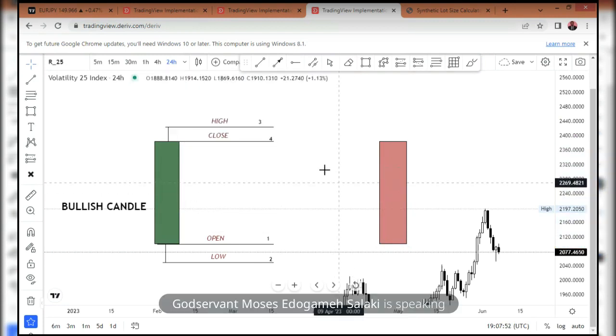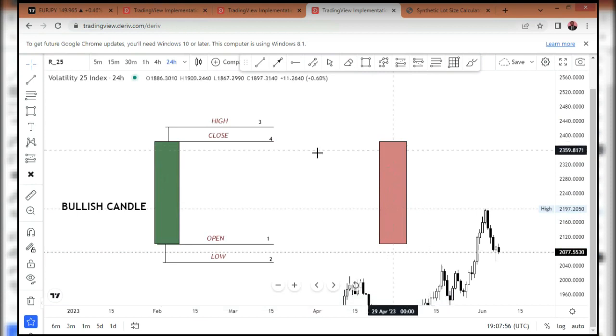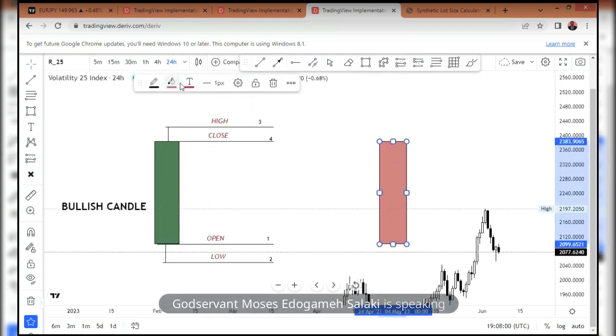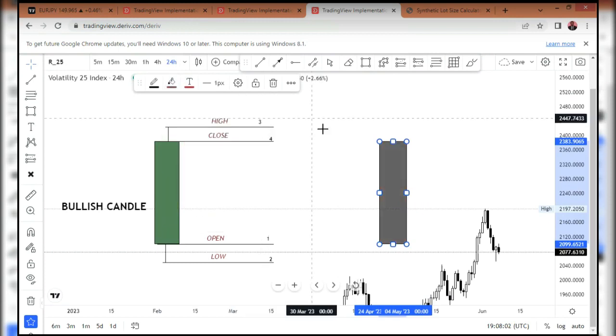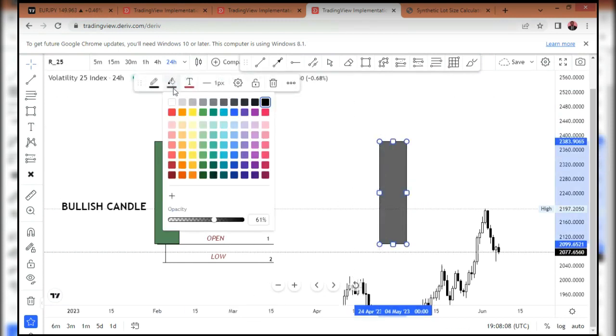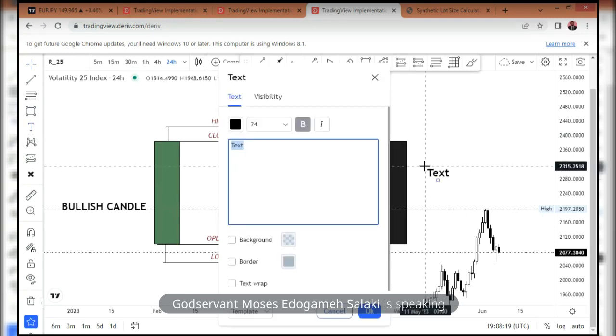All right, let's use this for a bearish candle. Or let me just make it black. Whichever. Let's use this. This is a bearish candle.